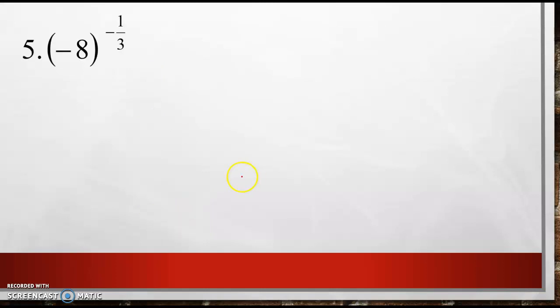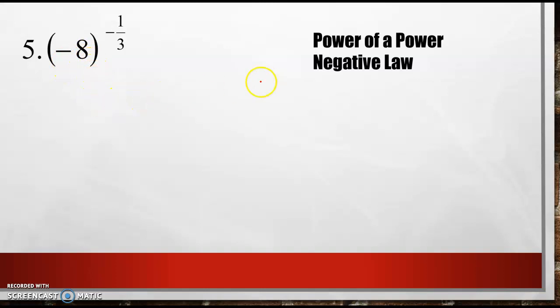Okay, next example, negative 8 to the power of negative 1/3. If you're just going to look at it, it seems impossible. But this one is possible. Why? Because if you can recall, negative 8 can be expressed as negative 2 cubed, right?